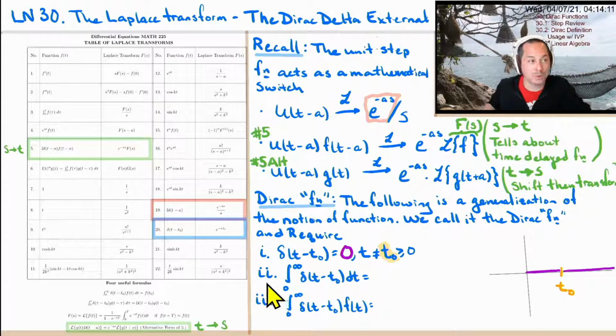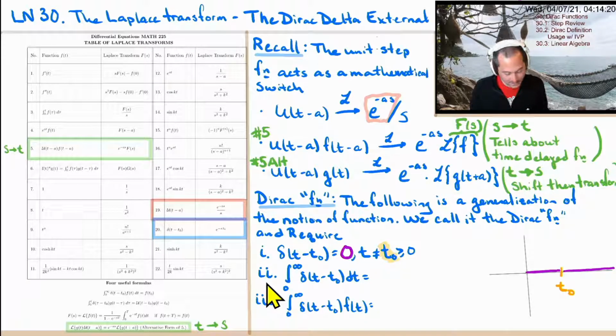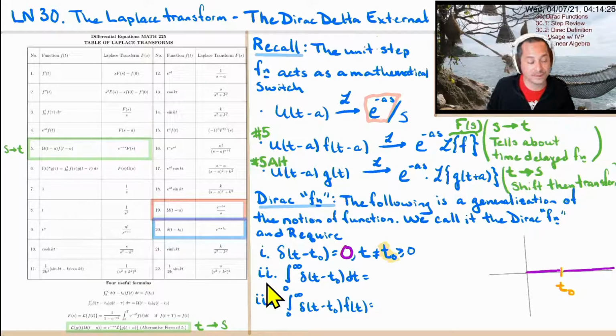Thing number 2, rule number 2 that I want this object to obey is that if I integrate from 0 to infinity, meaning I accumulate the area under the curve in the right half plane of this delta function, when I perform that accumulation of area under the curve, I want that area under the curve to be the number 1.